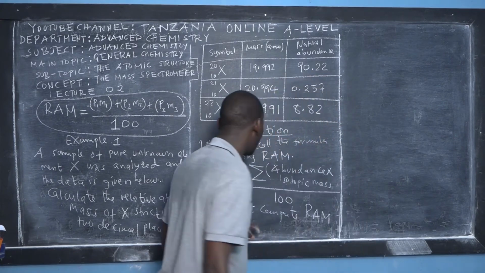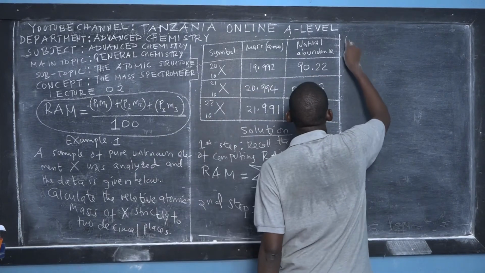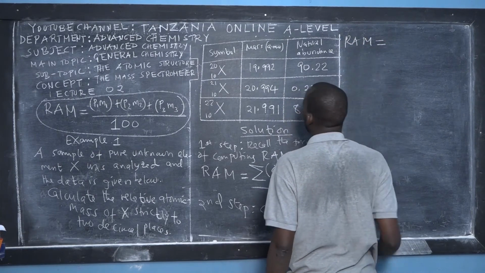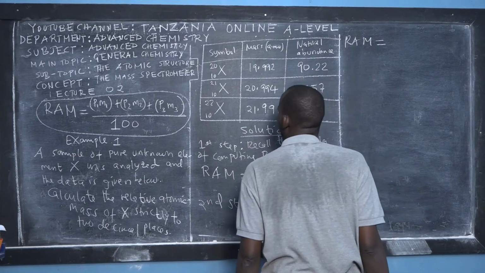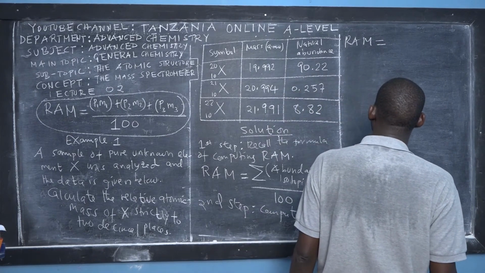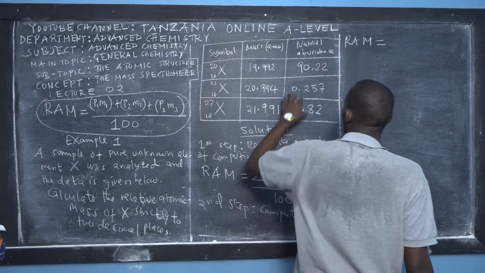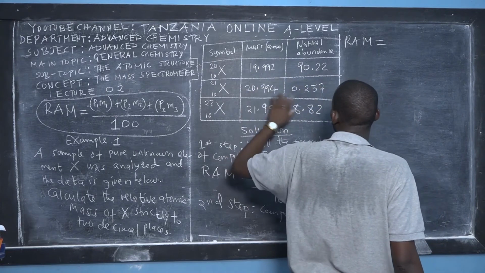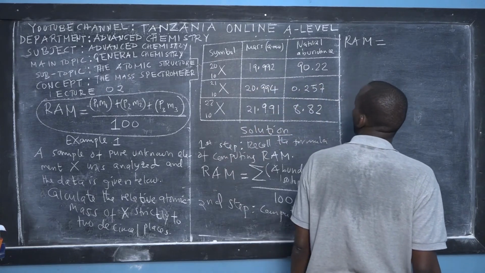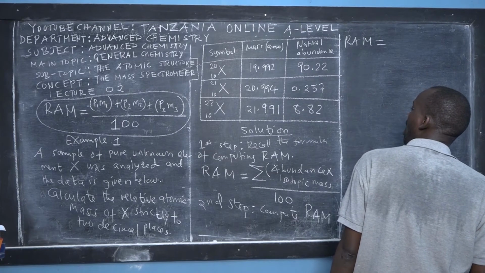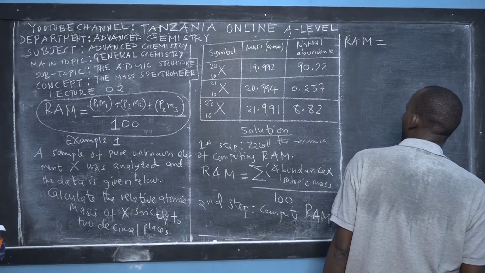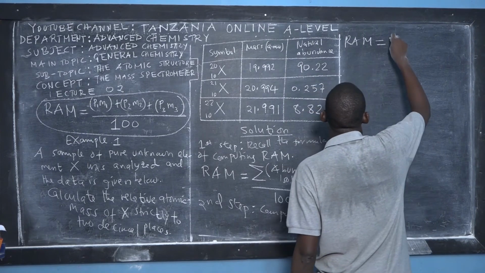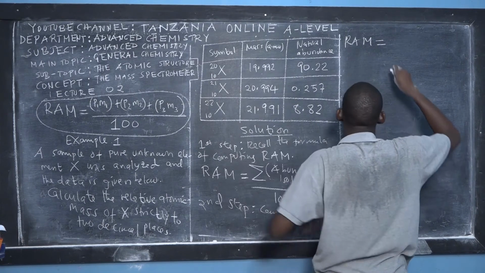So how do we compute relative atomic mass? It's the product of each natural abundance and its isotopic mass. This one times this, and this one times this. How many isotopes do we have here? 3, right?